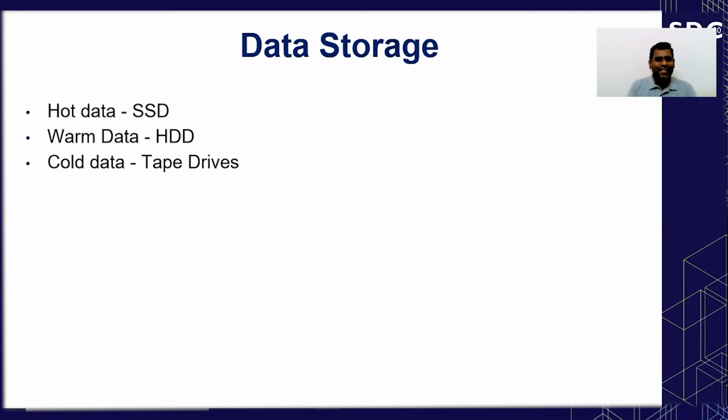Warm data is data which we access frequently but not very frequently, and we prefer to use HDD for that. And cold data is the data which we access very rarely, but we need the data for future purposes. We prefer to use tape drives for cold data.